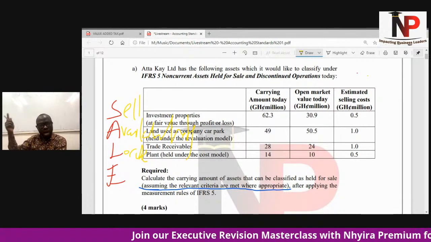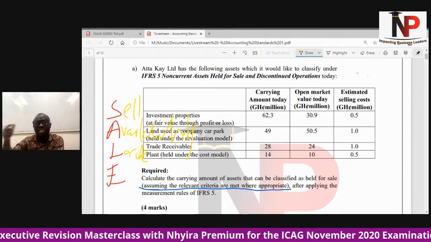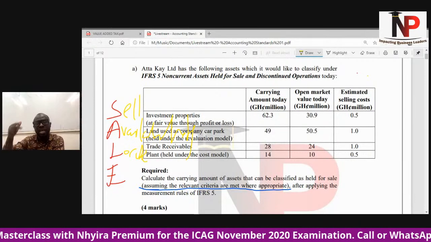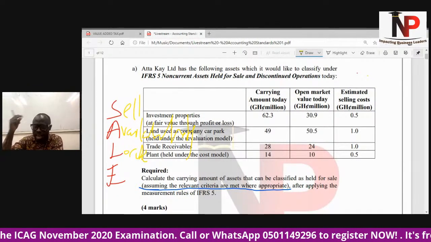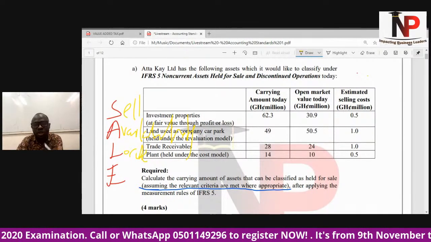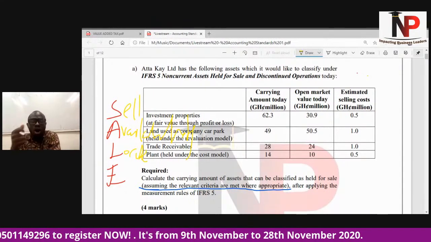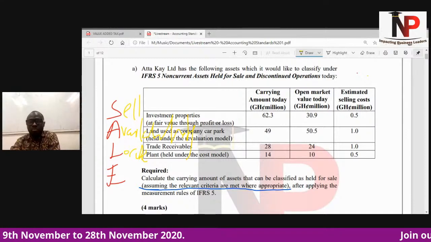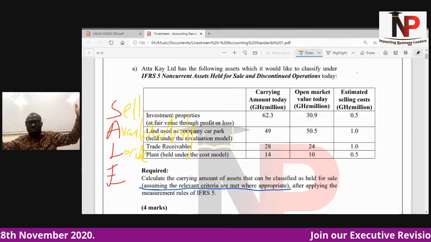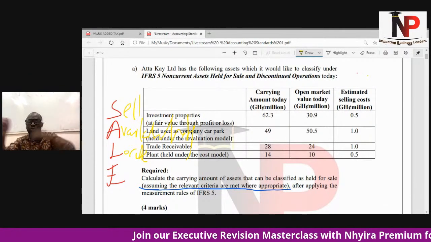So number one, management must decide to sell the assets. Number two, the asset should be available for sale, put in a saleable condition. The entity cannot be using the asset and say that, hey, we want to sell the asset. That is not possible. Then L, they must locate a buyer or be looking for a buyer through advertisement or publications on their website or on their social media platforms that, hey, we're selling this asset.